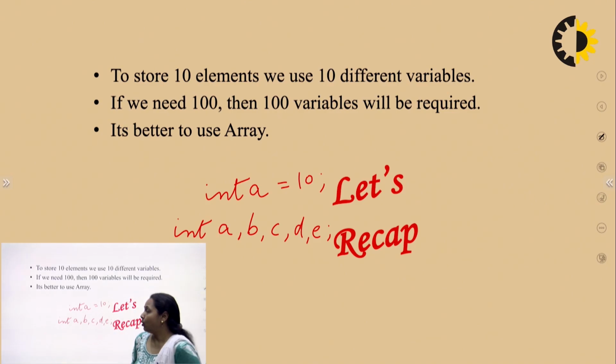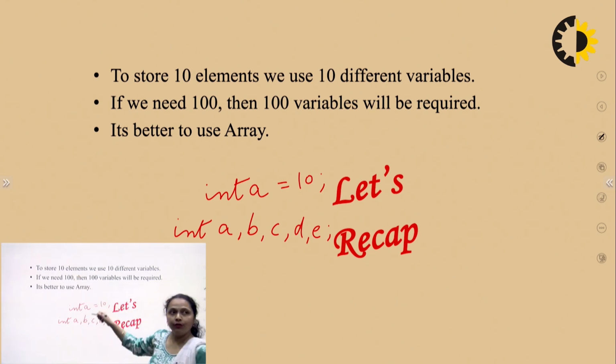So the concept is, although I am using the same data type, I require multiple names, and it is quite difficult to remember all these names at once. So the concept of array comes in.